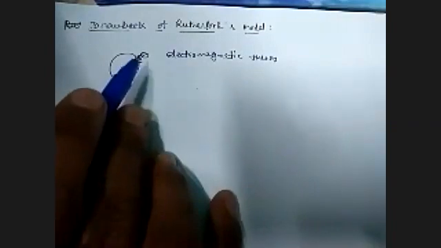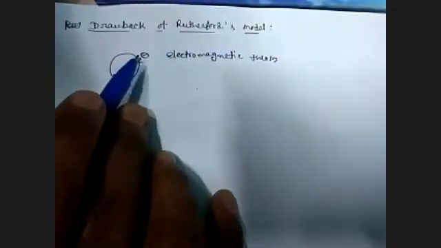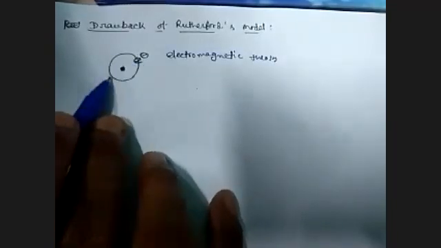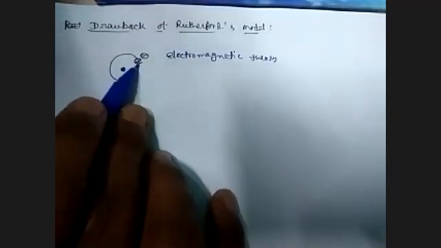So the question arises: the electron is a charged substance and it is rotating around the nucleus, so it will also release its internal energy.